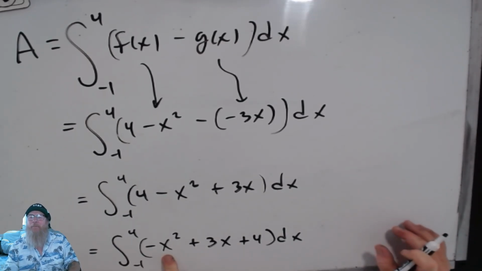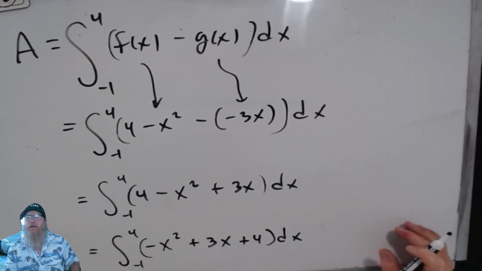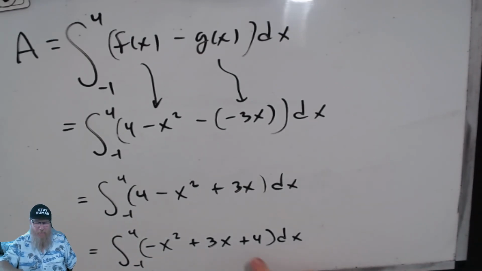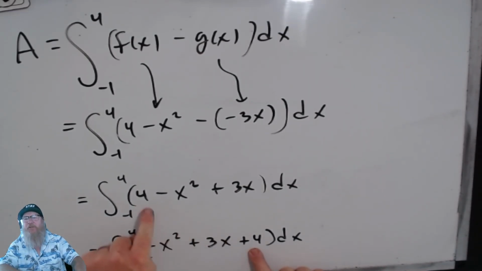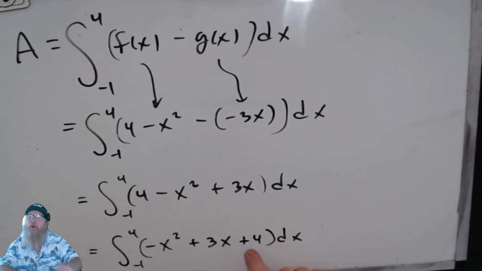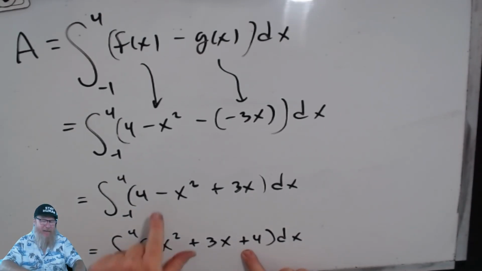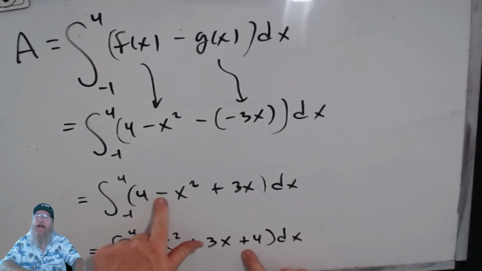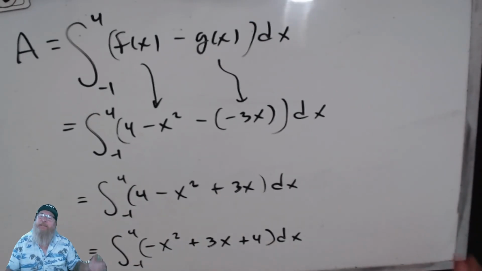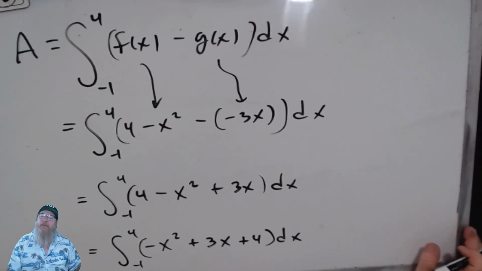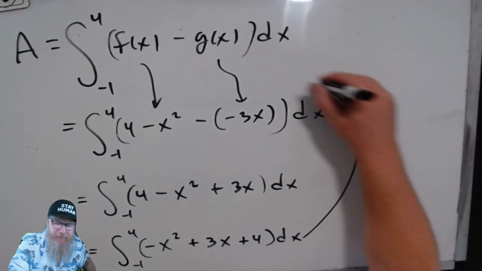I prefer to see my polynomials written out in descending order. Oh, by the way, if you do rewrite it, be careful. I almost screwed this up earlier. That 4 is a positive 4, and earlier in this example, I had accidentally written it as -4 because my brain saw that negative sign there. So I'm a person just like you, I make the same kind of mistakes everybody makes.